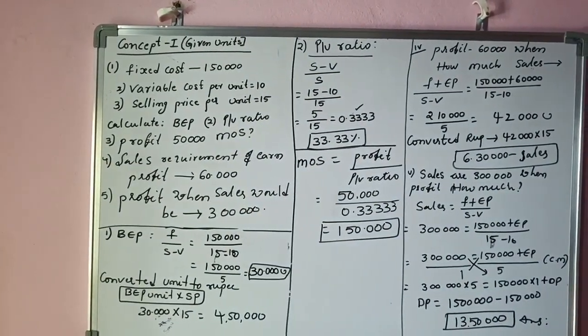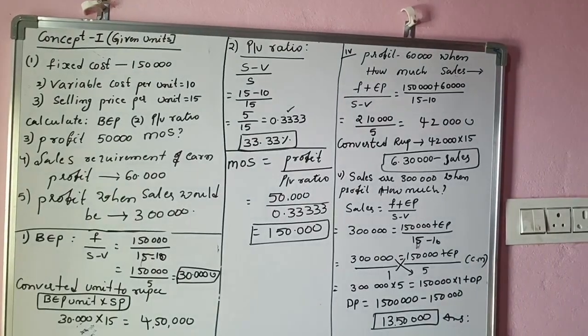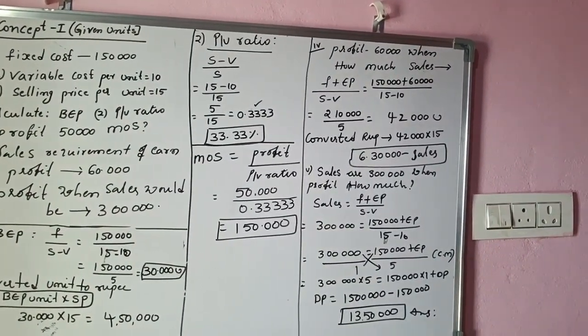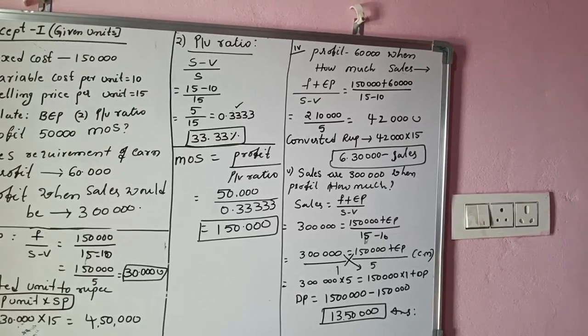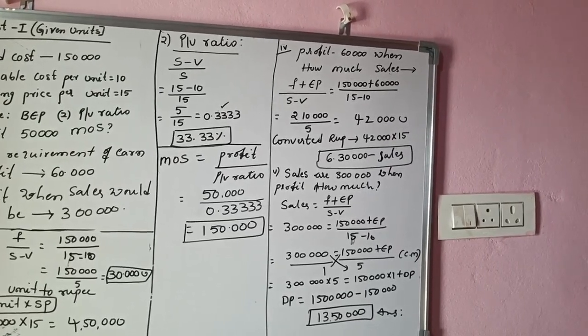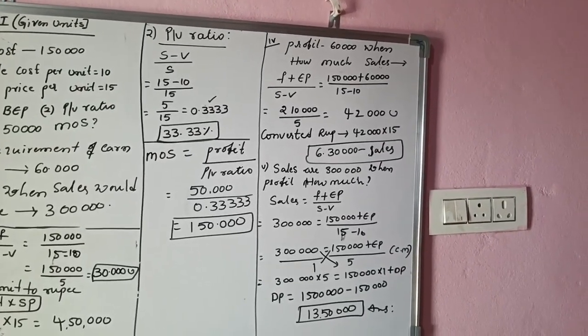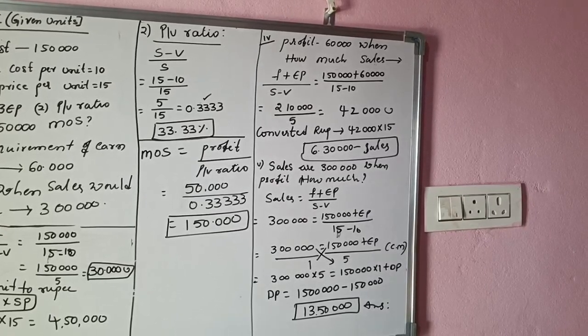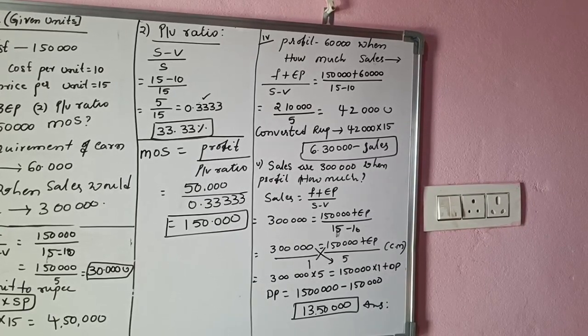So 2,10,000 by 5 gives 42,000 units. Then converting to rupees, 42,000 into 15, 6,30,000 is the total sales value.